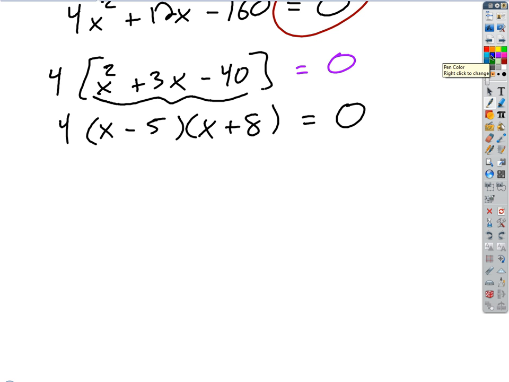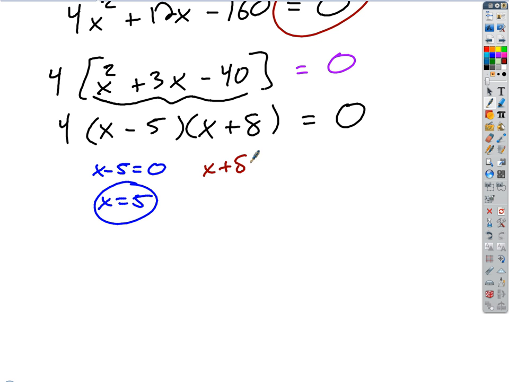The factor x minus 5 is equal to 0 when x equals what? 5. 5. So I'm just going to solve that equation. Very simple, right? So I get either x equals 5 or the factor x plus 8 equals 0 when x is negative 8. So those are my two solutions.